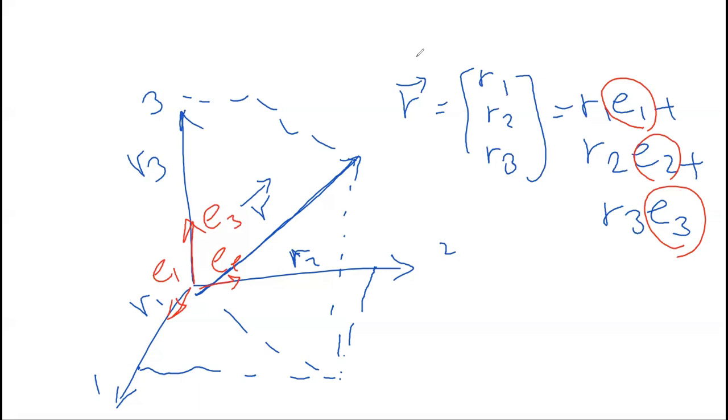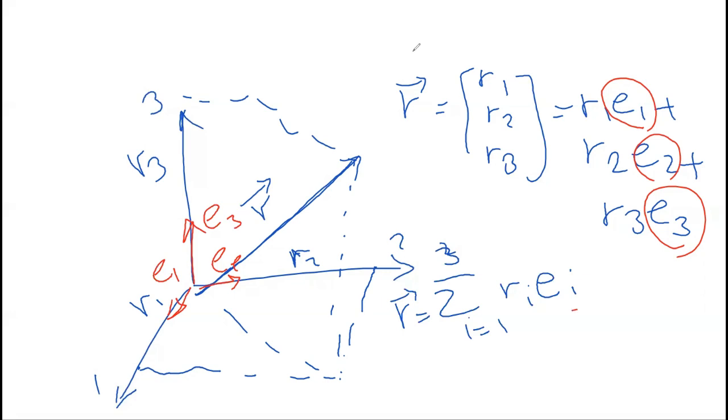So I can write the vector R in this form: R is the sum over i from 1 to 3 of R_i E_i. So it means that I have expanded the vector R in terms of unit vectors.